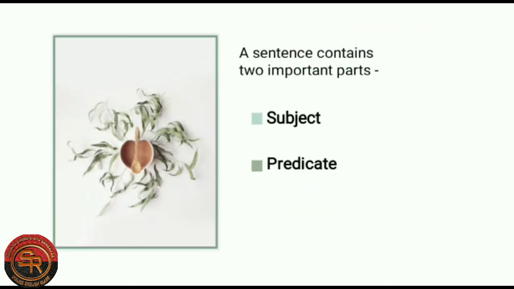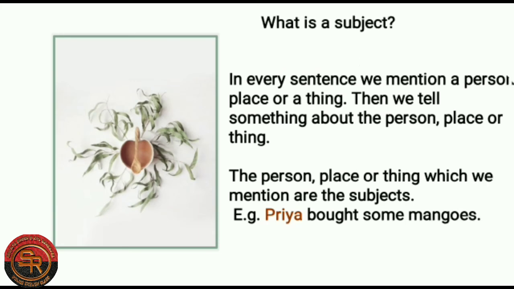A sentence contains two important parts, the subject and the predicate, that we have seen earlier. So what is a subject? In every sentence we mention a person, place or a thing. Then we tell something about the person, place or thing. The same person, place or thing which we mention is the subject. Now look at the example here. Priya bought some mangoes.